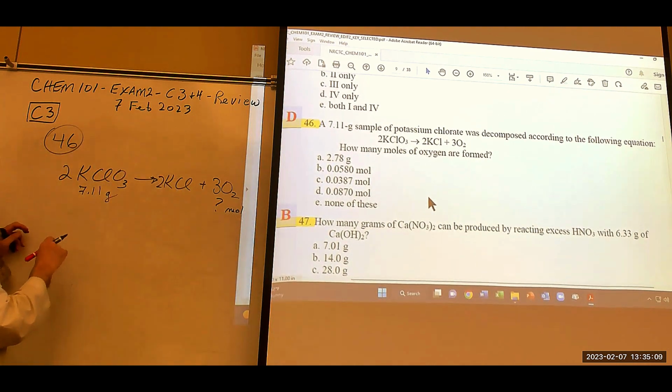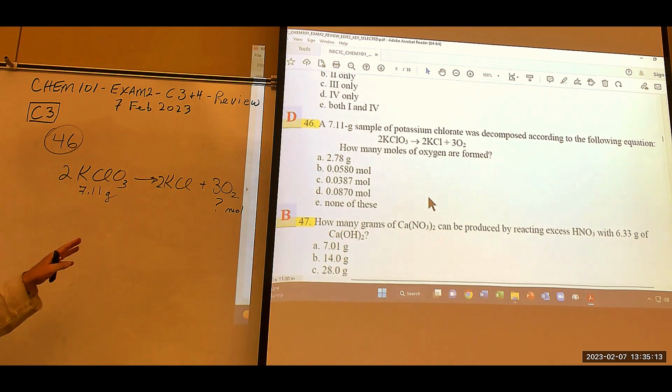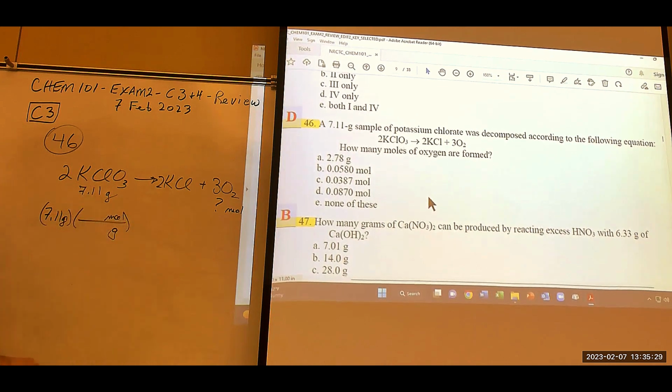So what you need to do, remember, in a balanced equation, you can't go anywhere unless you have moles. If you're in grams or if you're in milliliters of a solution, doesn't matter. It's got to be moles before you can move. So we convert this into moles with the molar mass of potassium chlorate. So potassium is 39.10.